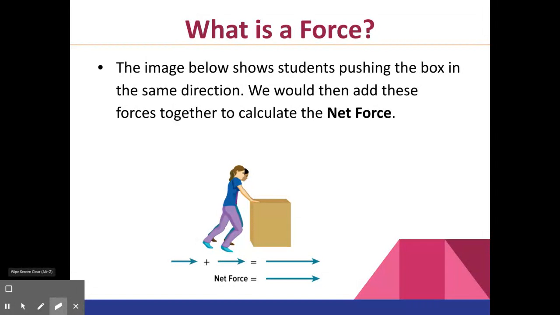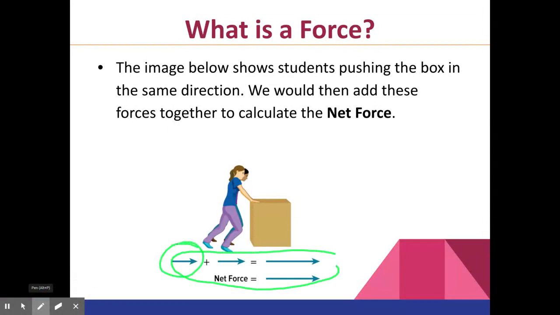So this is an example of where you would add two forces, and we're adding them because they're moving in the same direction to equal whatever our net force is. Equation-wise, here's the amount of force that one person is putting into the system. Here is the other force, which looks about the same, that the other person is putting in.